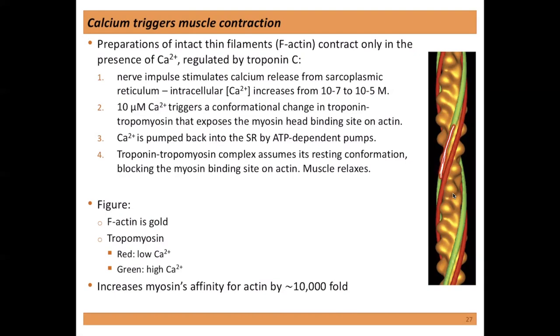The tropomyosin moves and kind of slides out of the way and exposes binding sites for myosin. Just by the release of calcium and having this tropomyosin move, you increase myosin's affinity for actin by about 10,000-fold. So kind of a slick way. Essentially, you've got this coil wrapped around there, and once you bind calcium, it changes shape and exposes a site so myosin can actually get in there and bind.